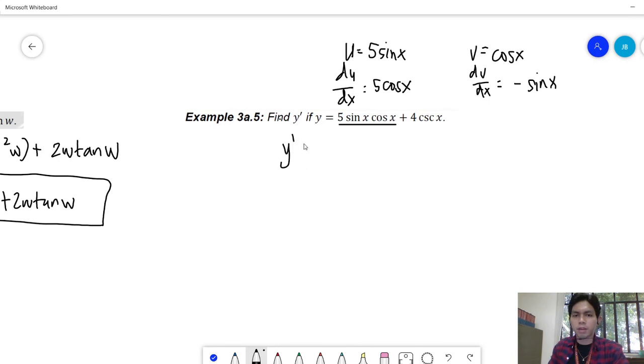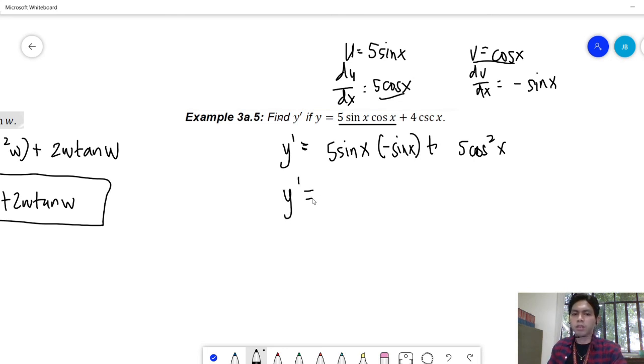So y prime equals u dv, 5 sin x times negative sine x, plus v du, cosine x times 5 cosine x.